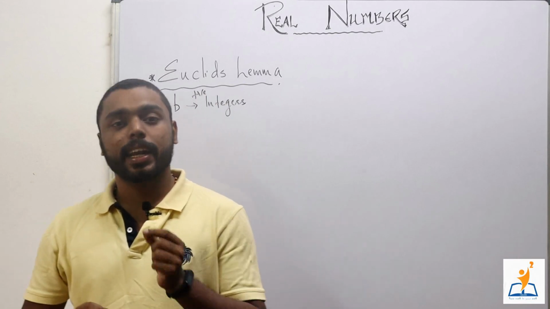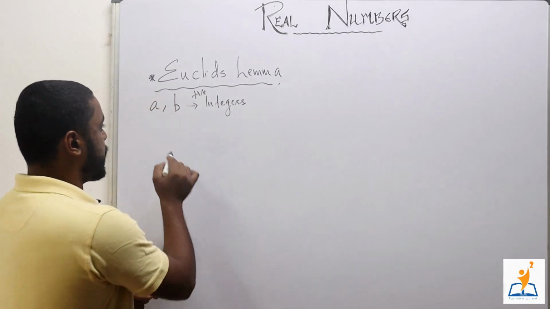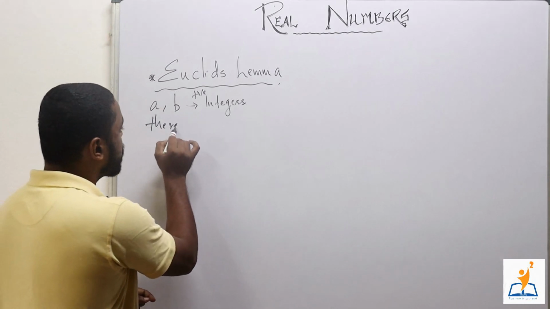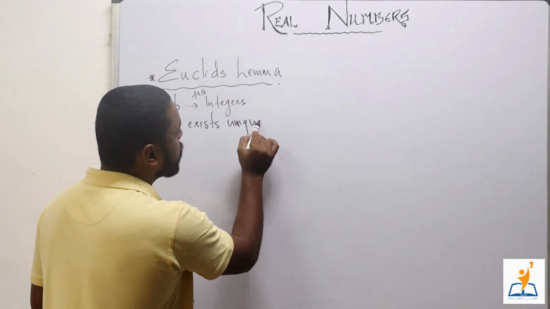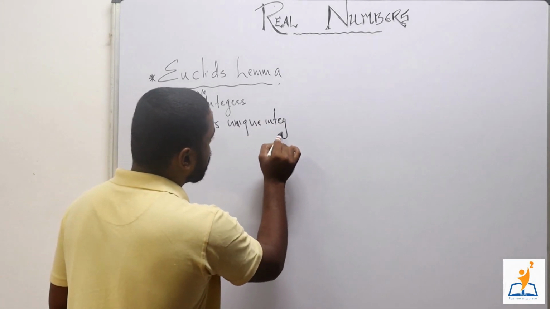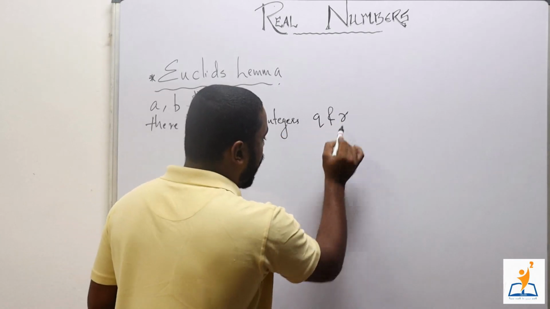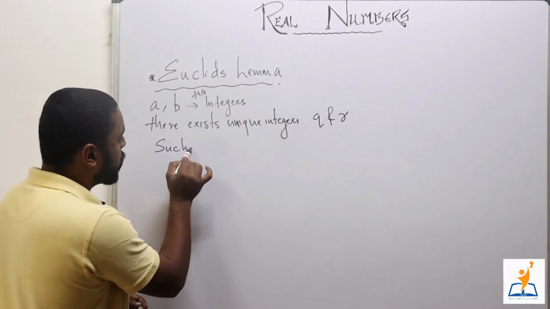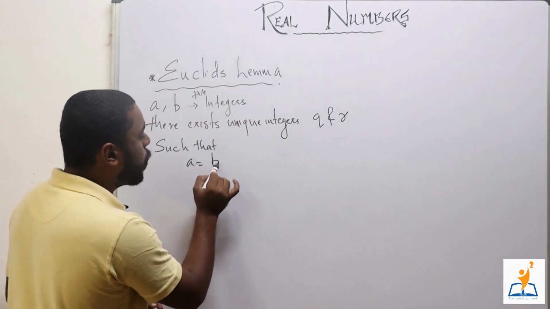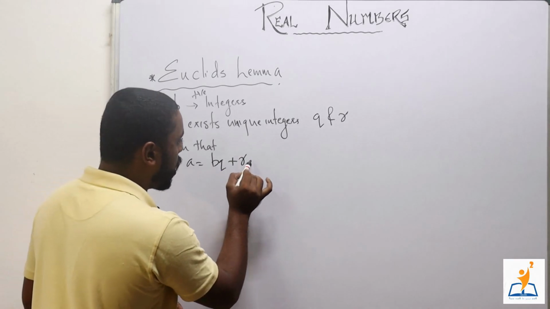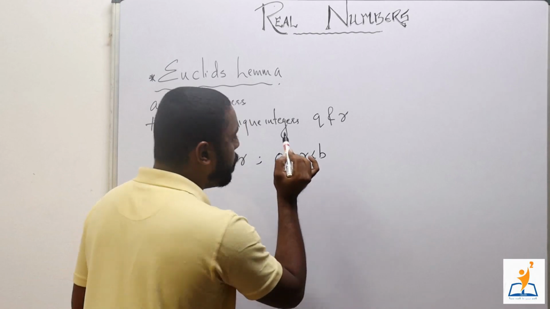Then Euclid's lemma states that there exist unique integers q and r such that a is equal to bq plus r, where 0 is less than or equal to r, which is less than b.